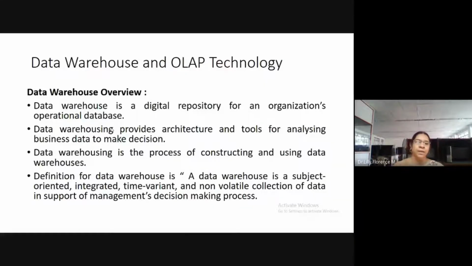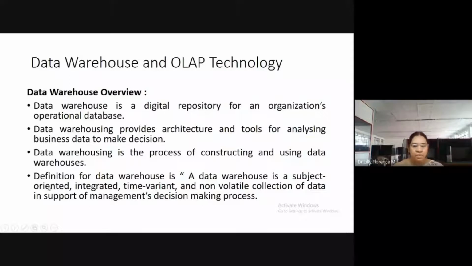So data warehousing is not only the process of constructing the data, but it also provides architecture and tools to analyze the data. When you come to the definition of data warehouse, there are four main keywords: subject oriented, integrated, time variant, and non volatile.